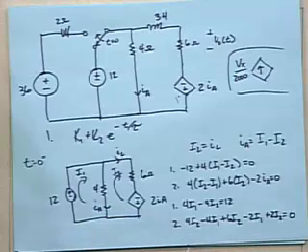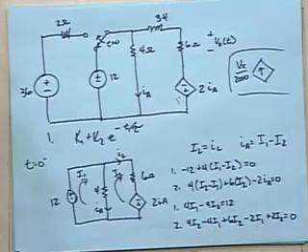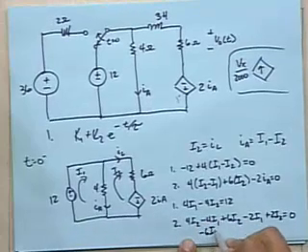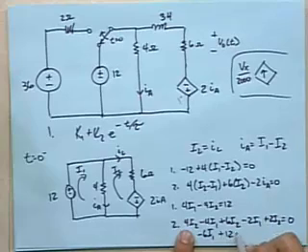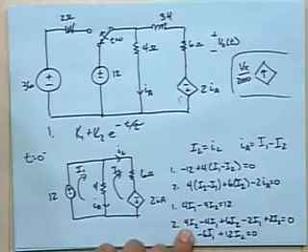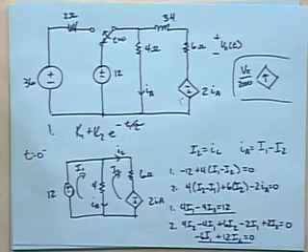We can simplify that one more time to get all the terms together. We have a negative 4I1 and a negative 2I1, which gives us negative 6I1. We have 4, 10, 12 I2. So here are two equations that we would solve simultaneously.